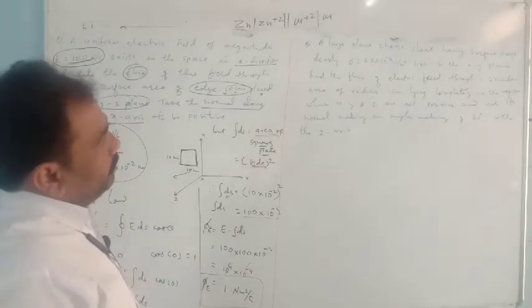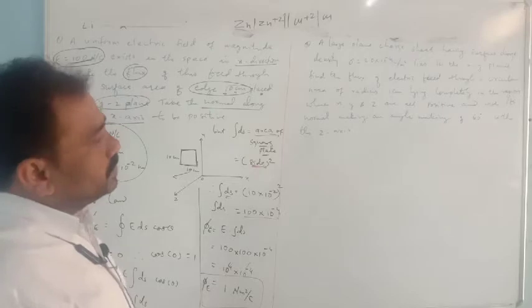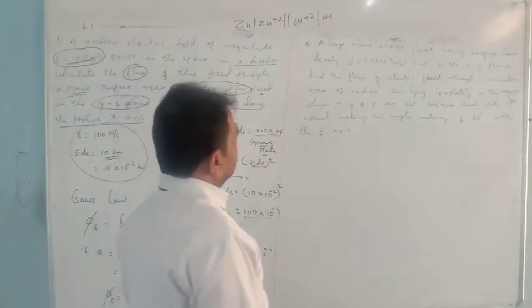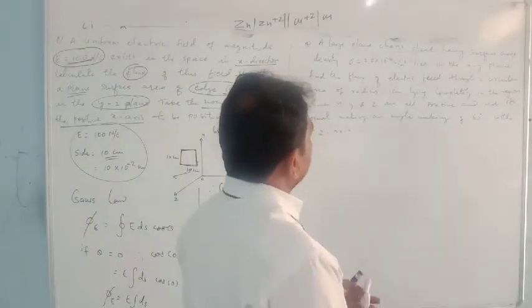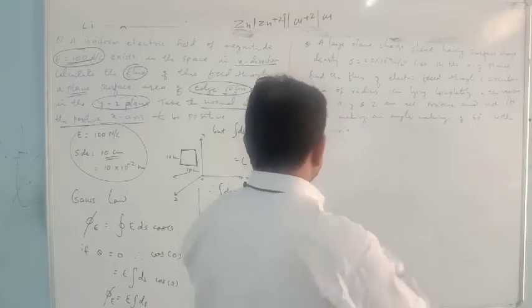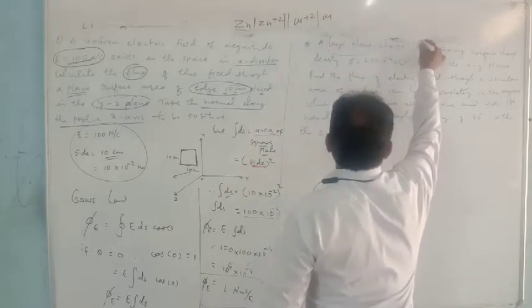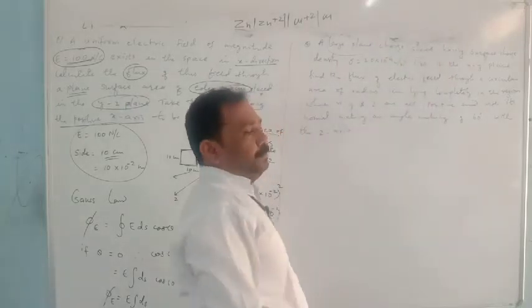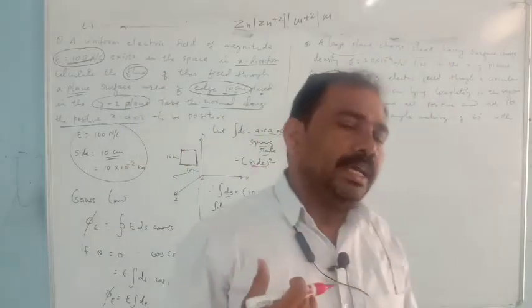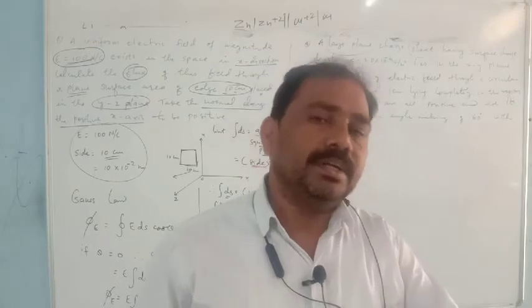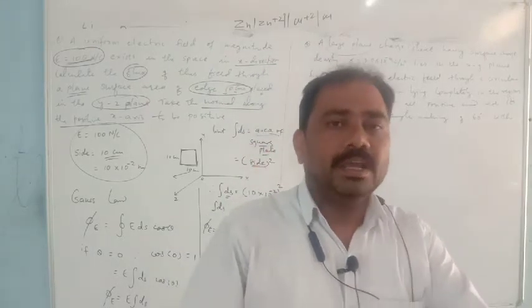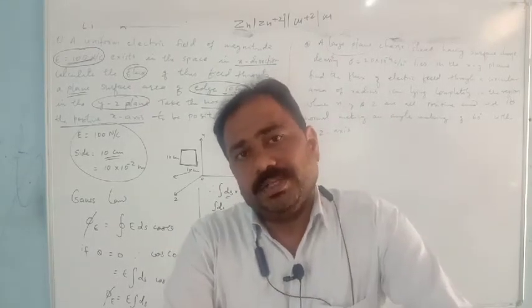Now in the second problem, which things are given to us? Firstly we discuss a large plane charge sheet. Here a large plane sheet is given, and we have seen if a large infinite plane sheet is given, then how we can find out the electric field intensity of that plane sheet.